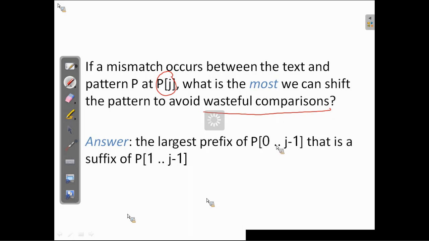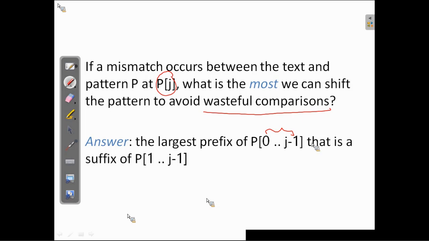The answer is the largest prefix in that range just before Pj, for 0 to Pj minus 1, that is also the suffix from 1 to Pj minus 1.